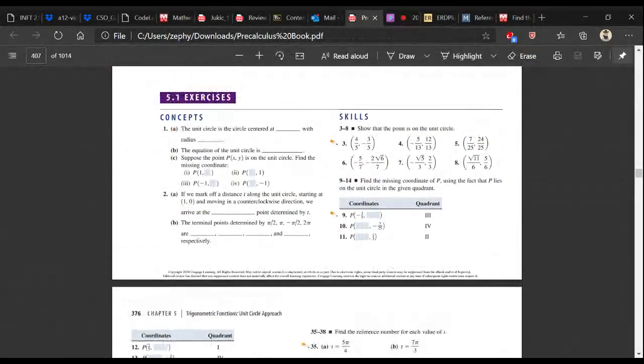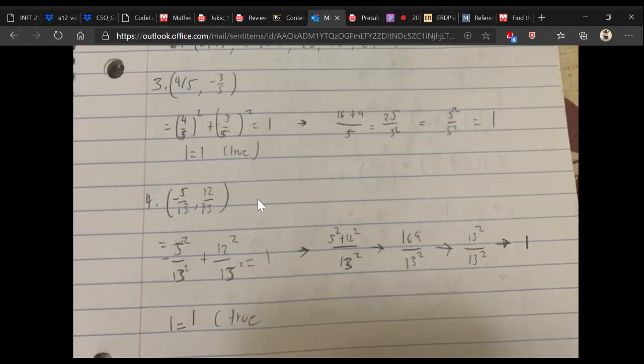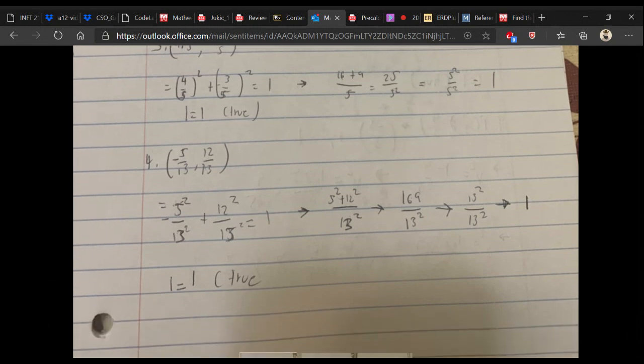It says here in 5.1, number 4, show that the point is on the unit circle. So to prove that the point is on the unit circle, with these 2 points, the result should be equal to 1. And we need to use a certain formula, which is x squared plus y squared equals 1. Right, Professor? That's right. So the easiest part is just to implement these two respectively.